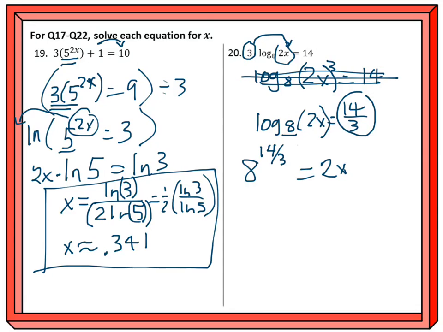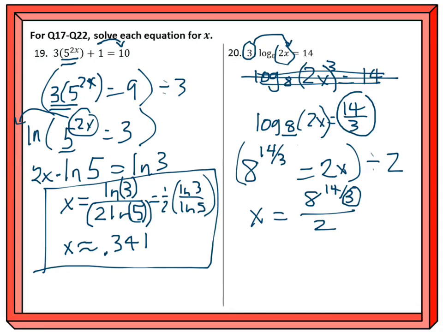Okay, so there's a couple of things we can do here. Let's just go ahead and divide by 2 so that we can get x by itself. Not divide by x. What am I doing? Divide by 2. So x is equal to 8 to the 14/3 power, all of this divided by 2. Okay. So what is this 3 on the bottom of the exponent? That's the cube root.